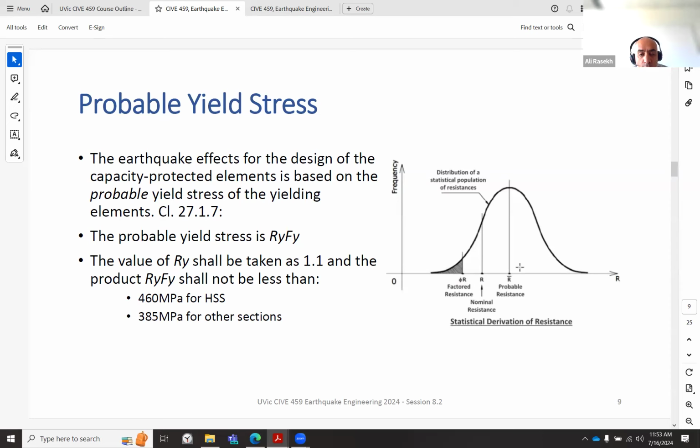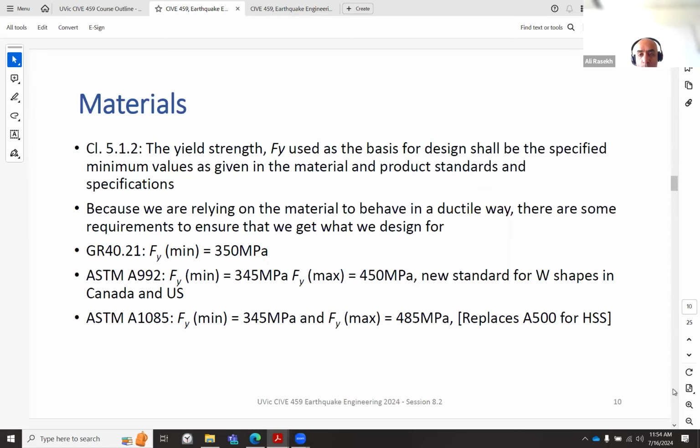The best estimate is 10% more than the nominal resistance. Instead of multiplying by 90%, as is the case for a lot of steel design, you increase it by 10%. And you should see these two minimum values to assess the probable resistance, to back calculate in a way the probable resistance of your steel member, which you use to assess the demand in capacity protection design.